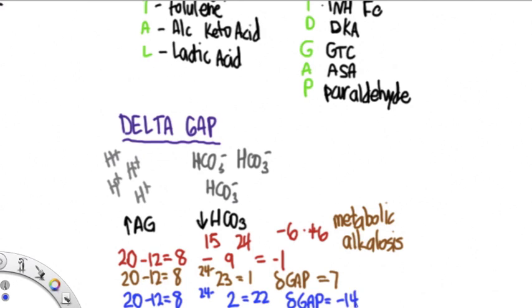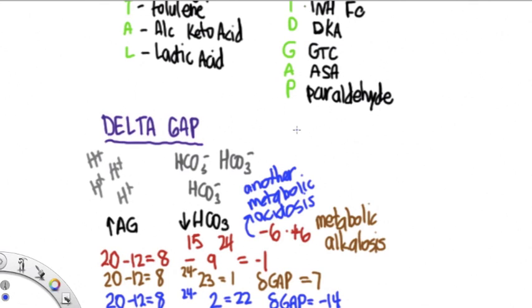So what we have now is a lot more acid than we could have explained with our very, very low bicarb. Something else is eating up acid. So a negative value, less than -6, says that there is some other metabolic acidosis process going on in addition to whatever's causing our anion gap acidosis. So if you need to, go over that again so you can get that concept down.